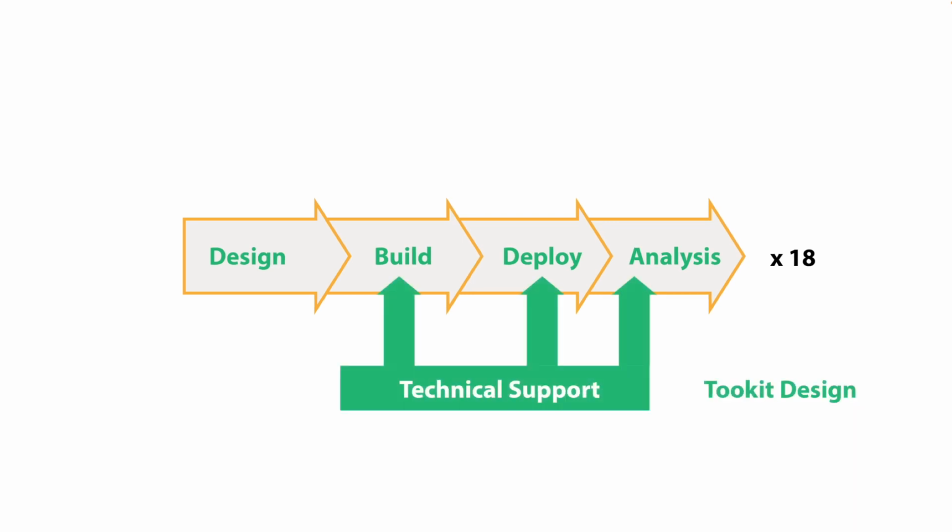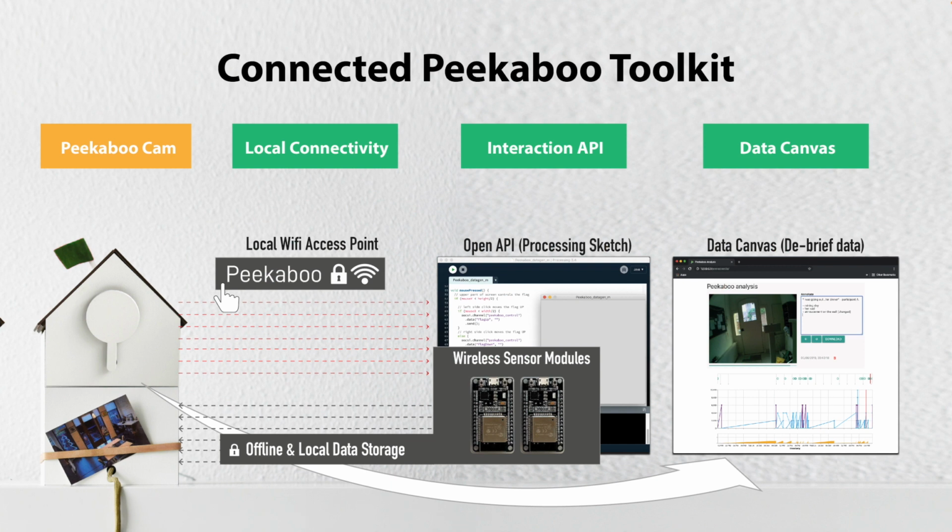We developed a toolkit to provide design researchers with technical support. Furthermore, to better identify common and different points from multiple cases, our toolkit was built on an existing example and asked them to redesign the same type of data-enabled object. This toolkit is the Connected Peekaboo Toolkit, CPT.